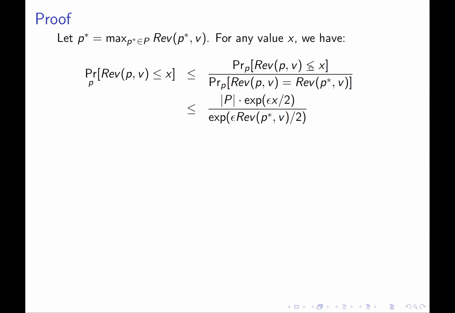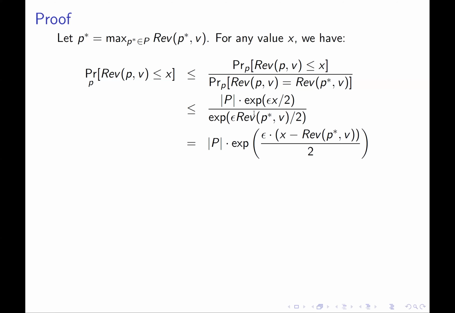On the other hand, I can also upper bound the probability that I output an optimal price. Again, in the worst case, there's only one optimal price. There could be more than one, but in the worst case there's only one, and it is output with probability proportional to exactly e to the epsilon times the revenue of the optimal price divided by 2. Just as e to the a times e to the b is e to the a plus b, e to the a divided by e to the b is e to the a minus b.